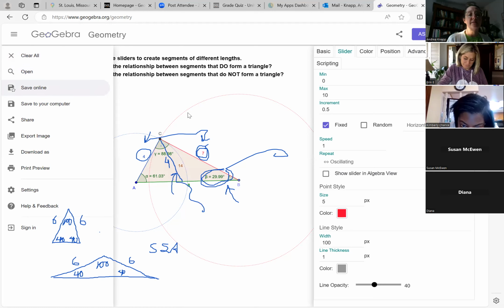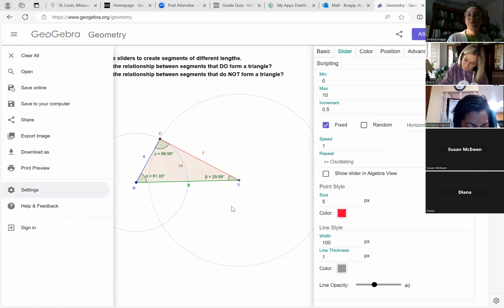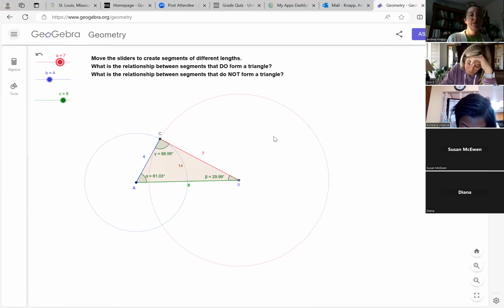It's nice, but I need to take off my annotations. Okay, use any tool to draw a triangle ABC in which BC is greater than AC. So here I have BC is 7 and AC is 4. So we've got that.